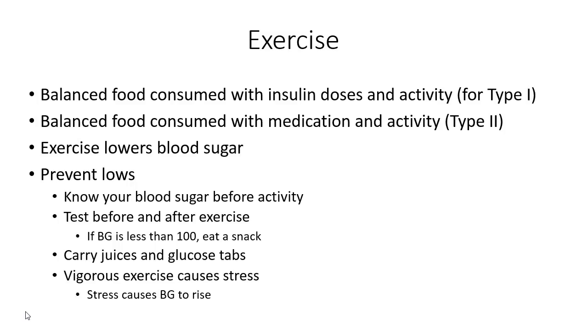So know your blood sugar before your activity. Because if you actually take insulin, let's say you had some cereal for breakfast this morning, you had your 45 to 60 grams of carbs, and you gave yourself the insulin to make sure that you stayed within a normal range, which is that 100.